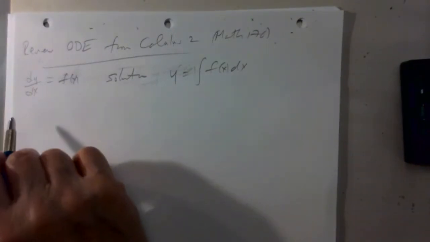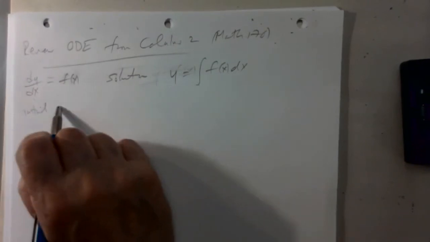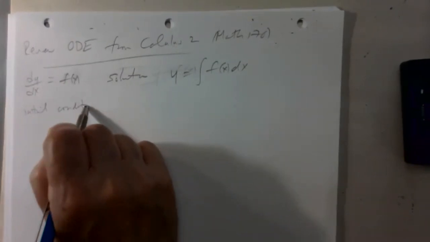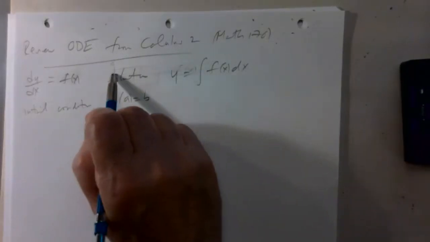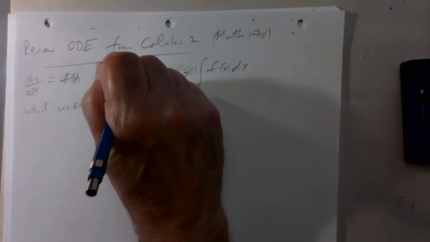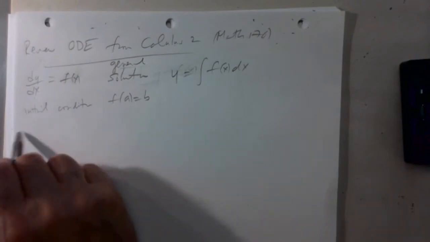And sometimes, in addition, you have an initial condition, like maybe f at some value a is equal to b. So then, in addition to finding the general solution, you want the particular solution where when x is equal to a, y is equal to b.